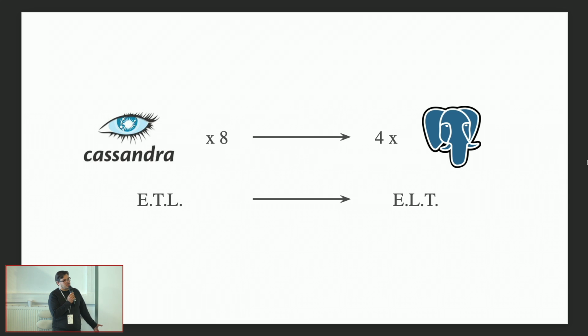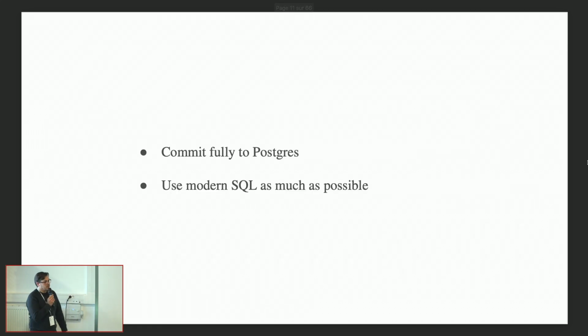And we use a different process, which is out of scope for this presentation, called ELT. You extract, you load into Postgres, and then you transform. So you can use SQL to manipulate data, which is a good fit for it. Our motto for this project was to commit fully to Postgres, to make SQL a first-class citizen, to use it to manipulate data as much as we can, and to use all the features that SQL has to offer.